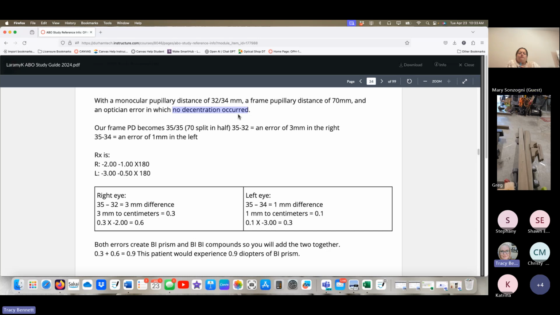We're in a negative prescription, so it's hourglass shaped sideways because we're in 180.